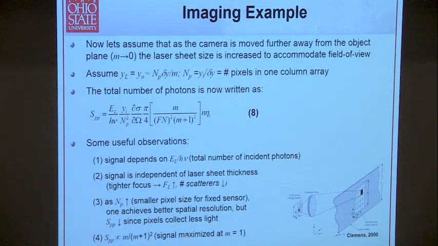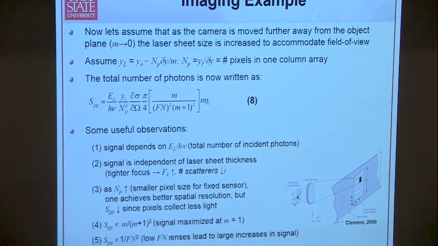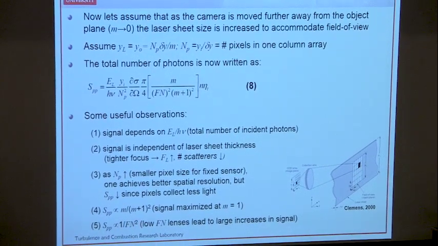Okay? And then we can see this expression that the photons per pixel scales as M over M plus 1, squared, such that our signal in this context is actually maximized at M equal to 1. Any telescoping or microscoping results in a relative loss of signal. Okay? And then also what we get here is that the signal goes as 1 over the f number squared.